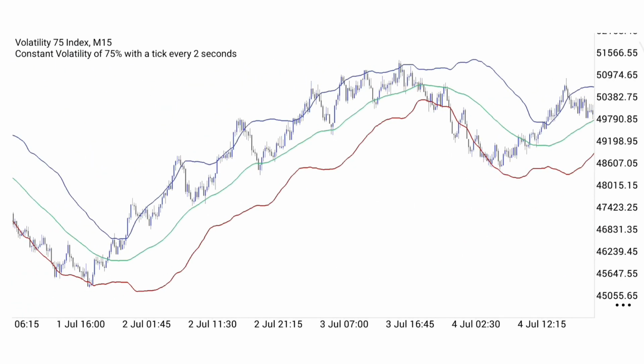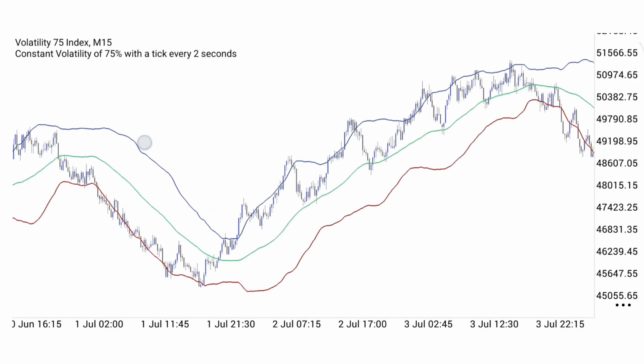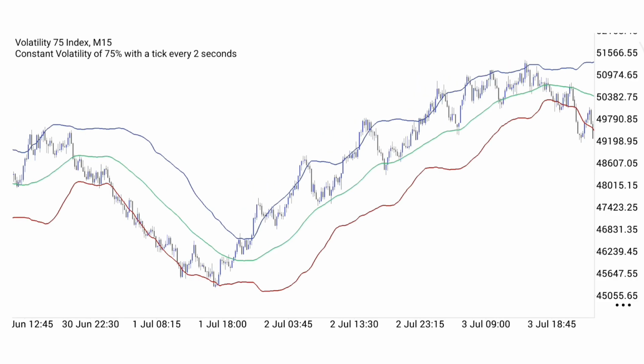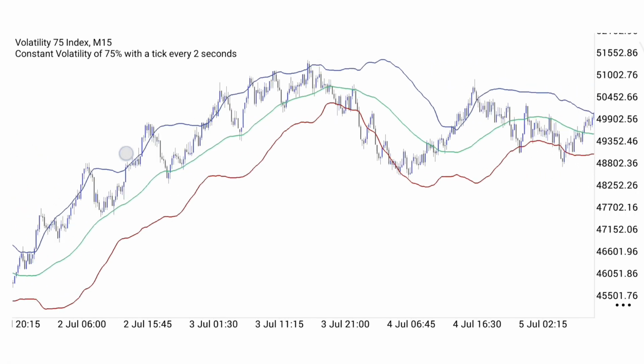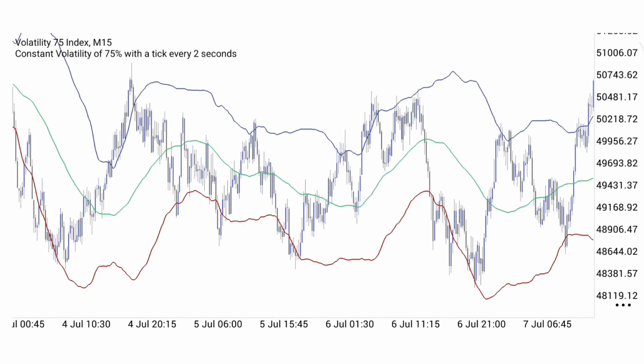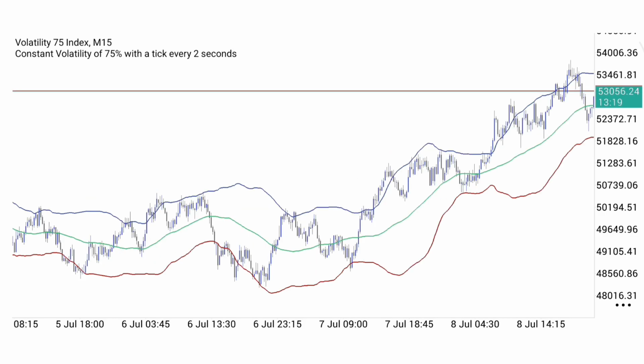So you don't even really realize when you're in a downtrend or when you're in an uptrend. For example, all you see is the market moving in the same way. You will see the red Bollinger Band always below, and you will see the blue one always above, and there will never be a crossover. So you're very confused. That doesn't take away the fact that they work very well in the market.